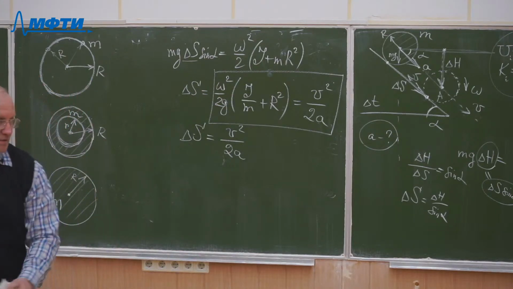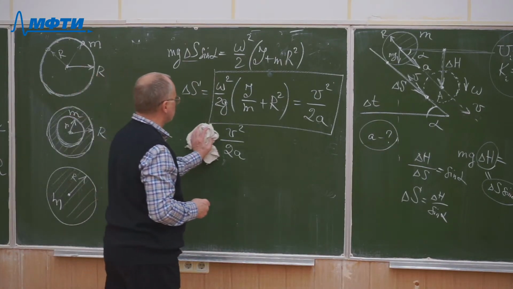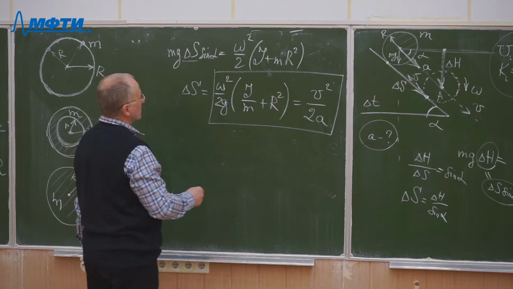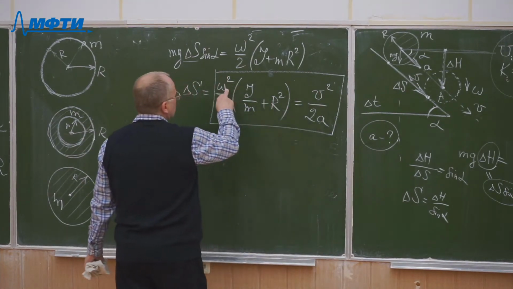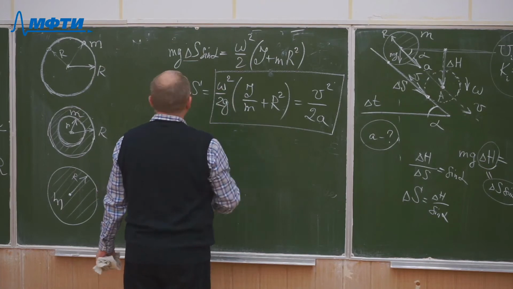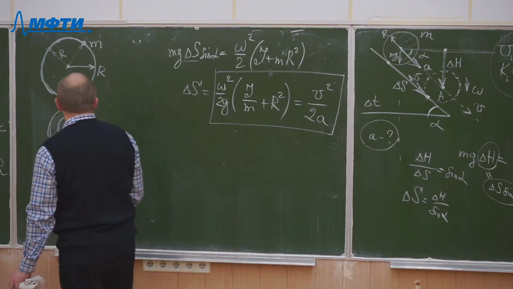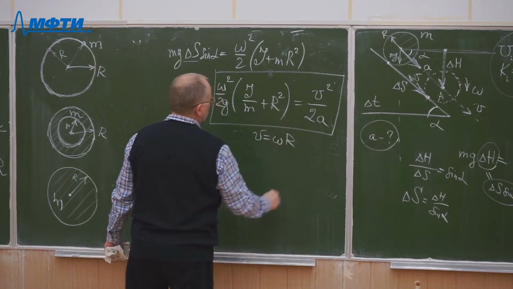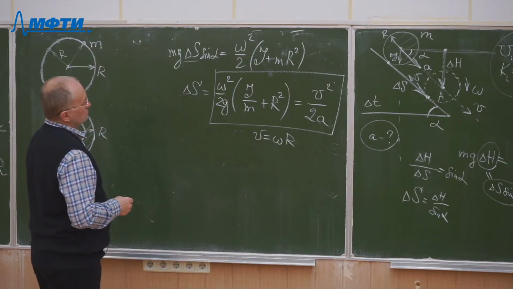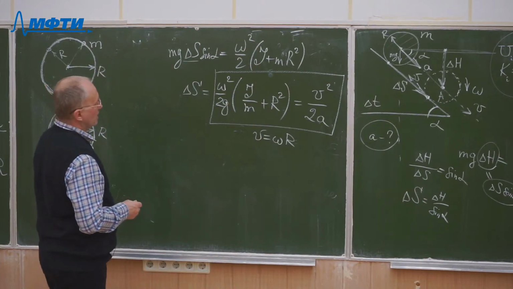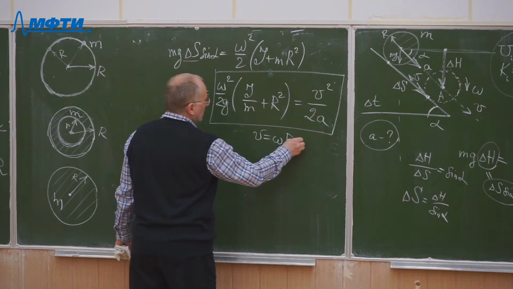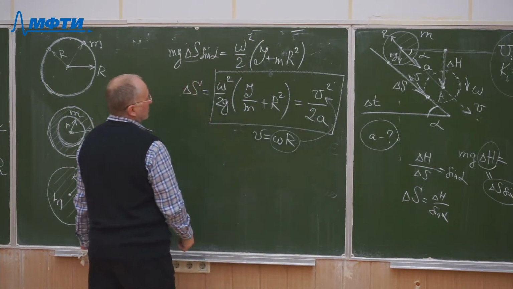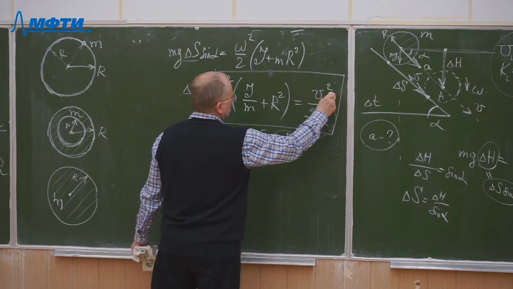And so we have to make just a few more steps. We have to find acceleration a from here, and also we have to express v using omega, which is a well-known thing. V is related to omega as omega times r. So if we substitute this expression here, omega squared will cancel, and what remains here will be r squared.